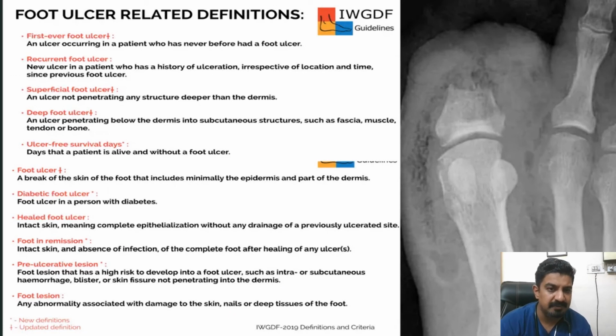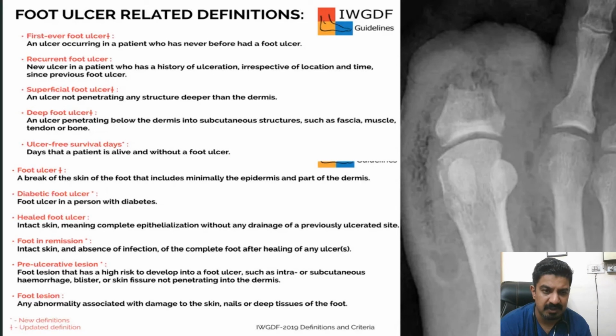So these are some of the definitions of foot ulcer. There is first ever foot ulcer that is occurring in a person who has never had a foot ulcer before. Then there are recurrent foot ulcers, people having foot ulcers repeatedly.